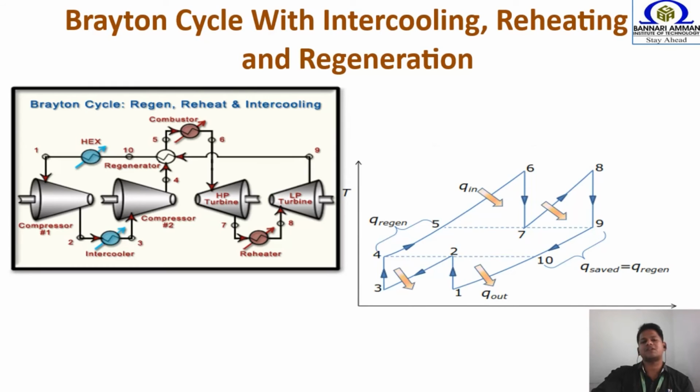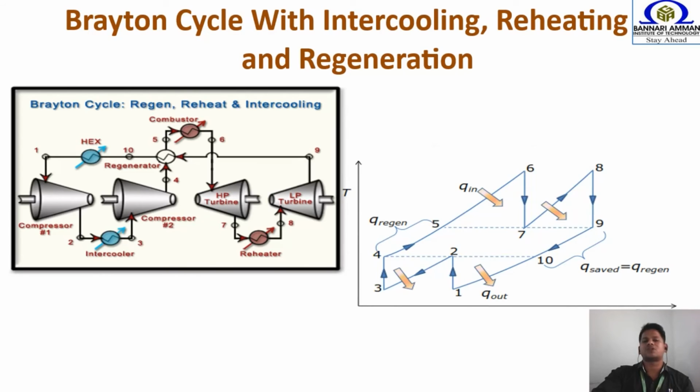Since it is intercooling, instead of a single compressor we now have two compressors. Instead of one compressor compressing the air from 1 bar to 10 bar, one compressor compresses the air from 1 bar to 5 bar, and the second compressor compresses the air from 5 bar to 10 bar. So we have two compressors.